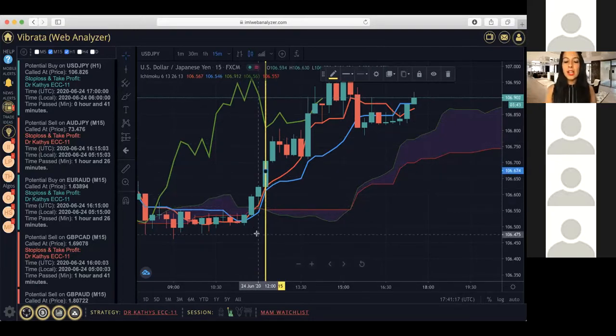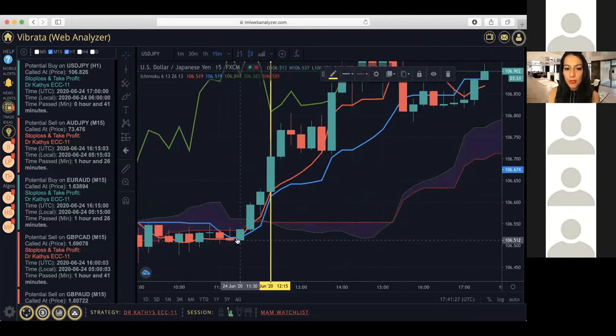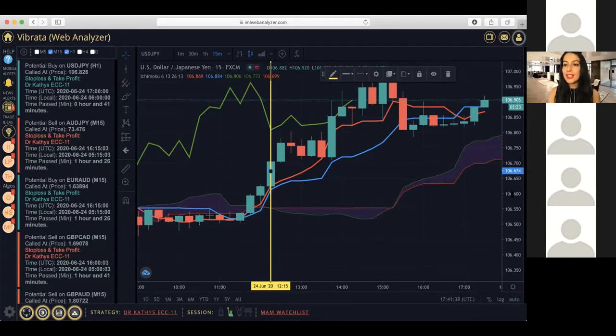Vertical line here. So step number one is have the red and the blue lines crossed over, and we can actually see here at this point, if I just zoom in there, we can actually see there has been a crossover of the red and the blue line just there behind the green candles. So that's step number one, the red and the blue lines crossing over. Step number two is that the red line is the dominating line.